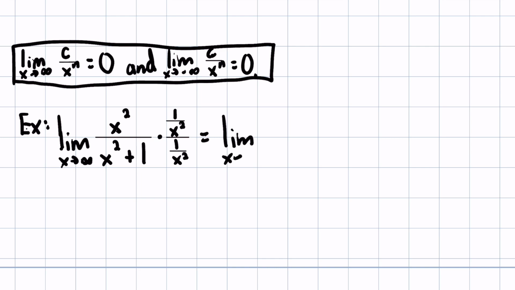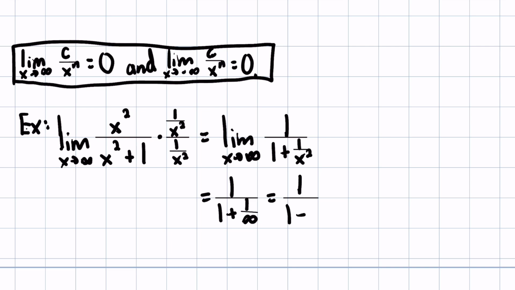And so now what we have is 1 over 1 plus 1 over x squared. Now let's plug in infinity to that. Infinity squared is infinity, so we have this. Like I said, 1 over infinity is 0. So this just becomes 1.